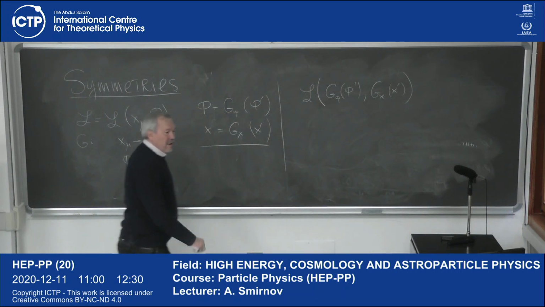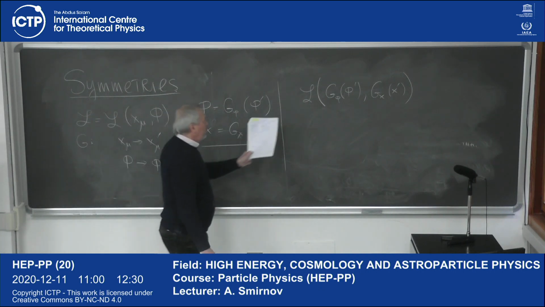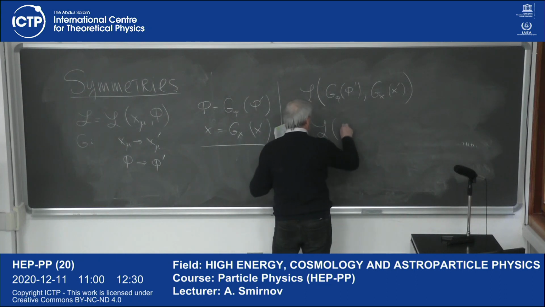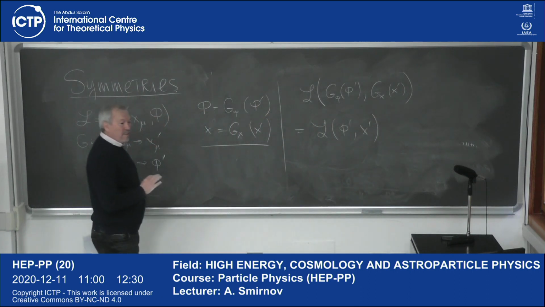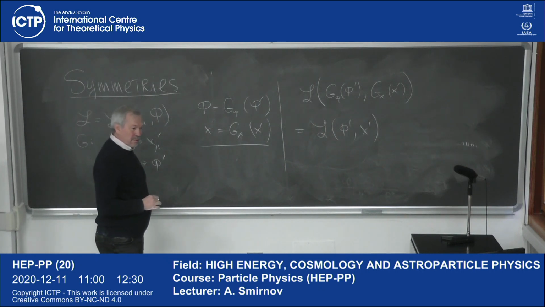And we are saying that the Lagrangian is invariant under G transformations if we can reduce this to L of f prime and x prime, that is, to the same form of Lagrangian, but in these new variables.